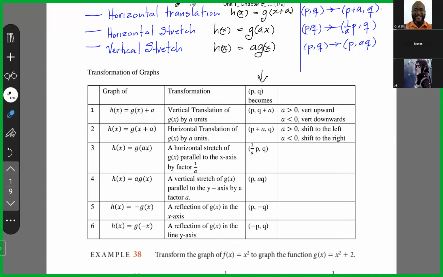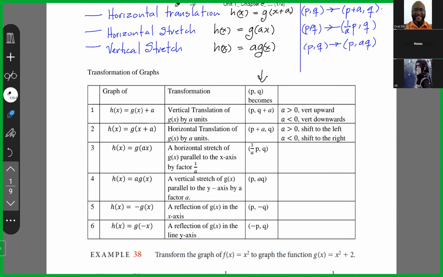If a is less than 0, meaning that a is negative, the movement is vertically downwards. So h of x is equal to g of x plus a is a vertical translation of g of x by a units. Let's have a look at the second one.